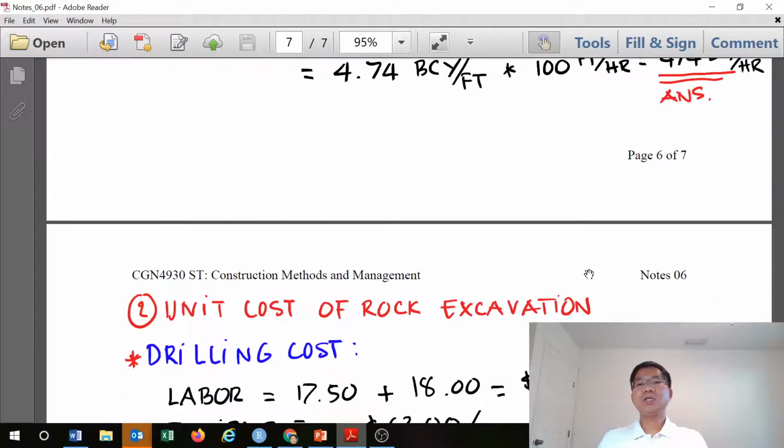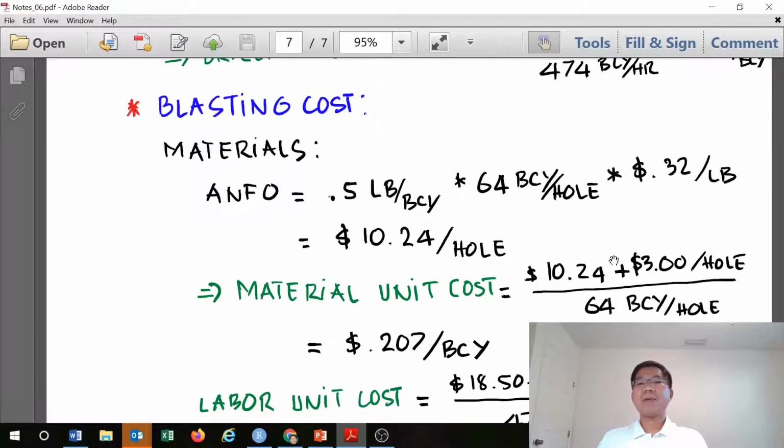That is also material. So we can add them up. This is for explosive, this is for caps. Add them up. And for one hole, we have 64 BCY per hole that we determined above. And with the units, hole cancels out, so it's dollar per bank cubic yard.